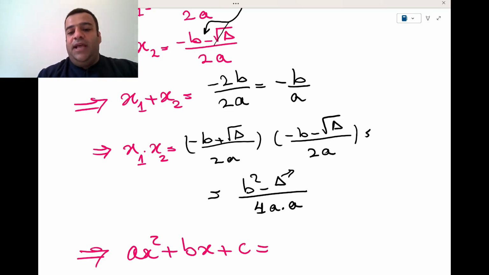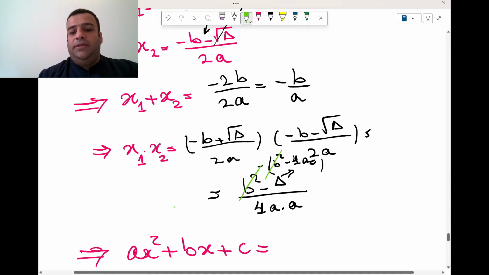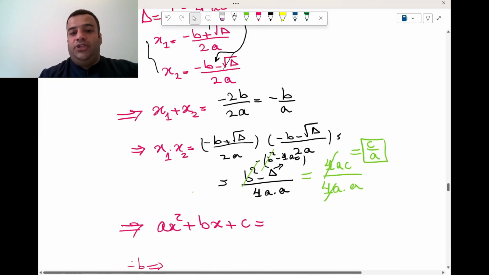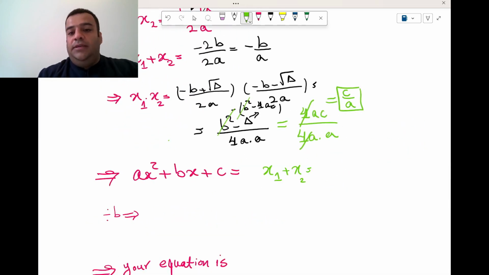But what is the delta? It is b power 2 minus 4ac. If I put it in with the minus, immediately this one and this one cancel, minus and minus is positive, it is 4ac divided by 4a times a, and this part cancels. The answer is c over a. What happened? In every equation, the sum of the roots is minus b over a, and the product of them is c over a.